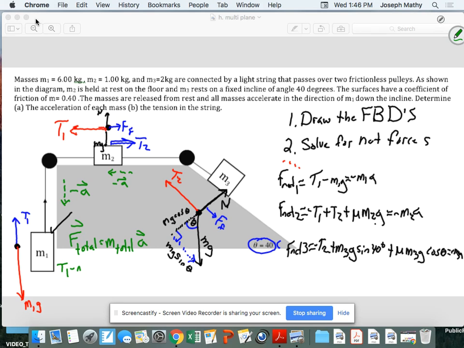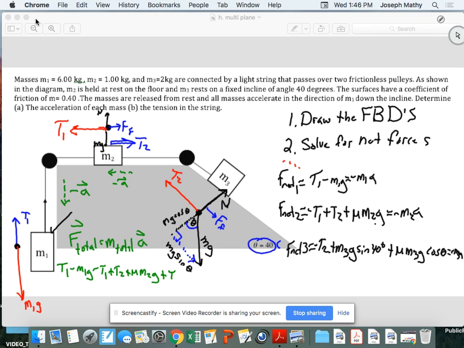T1 minus M1G, minus T1 plus T2 plus mu M2G, minus T2.